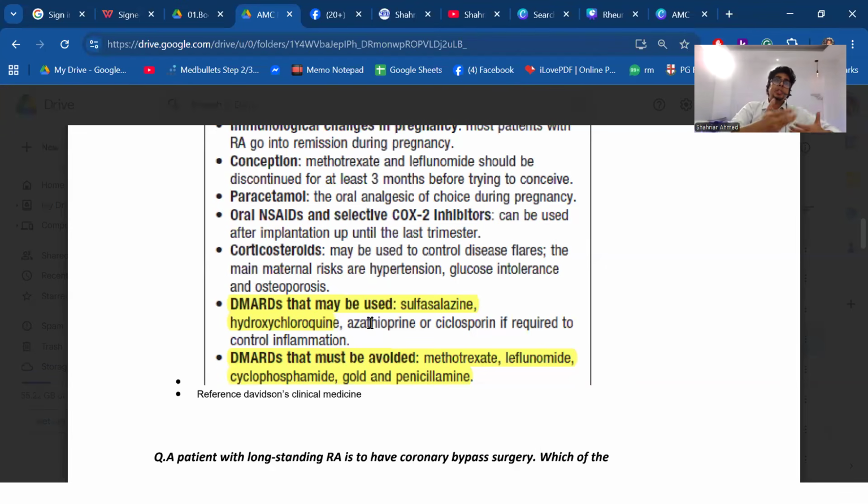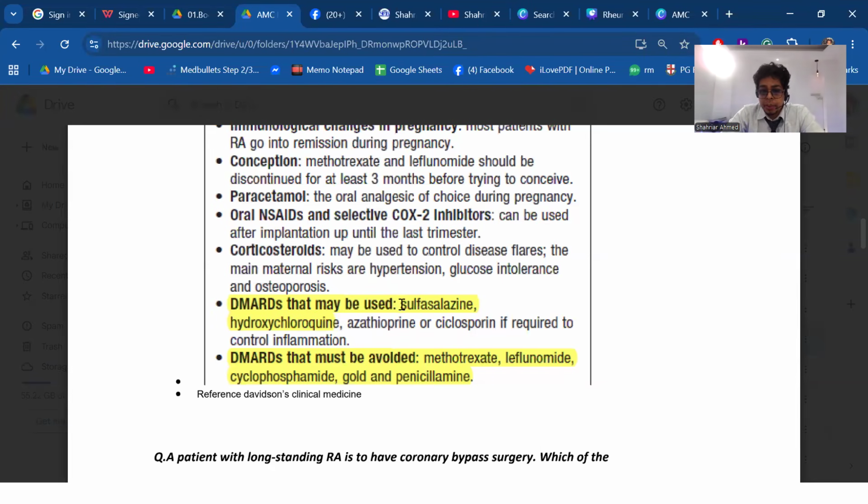Now, there's a twist in the exam, and they will tell you about a male person who is going to start a family, and that male person also has rheumatoid arthritis and is taking sulfasalazine. Now, the question is, is it safe to go with sulfasalazine for a male person? No, because it will cause azoospermia.